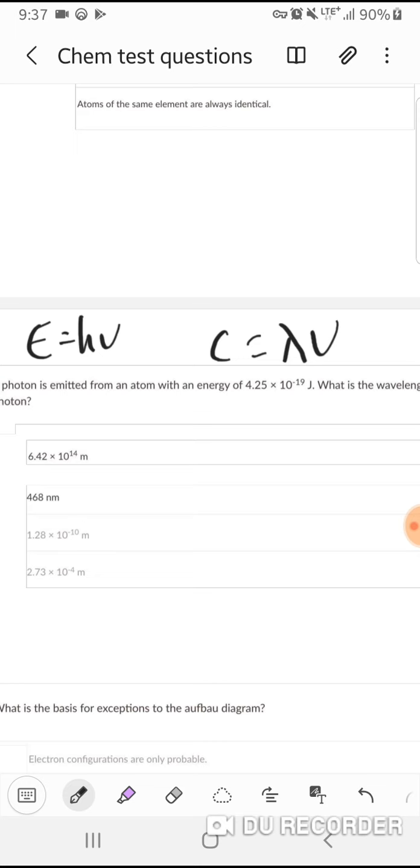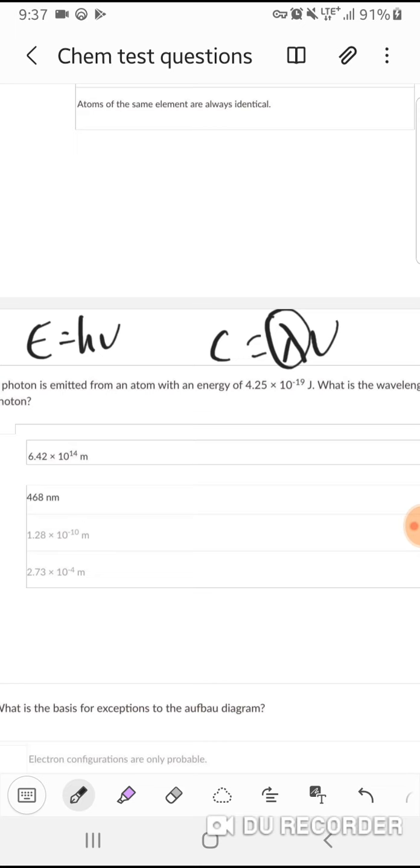Because we want to find the wavelength, we would have to somehow put in lambda in here.